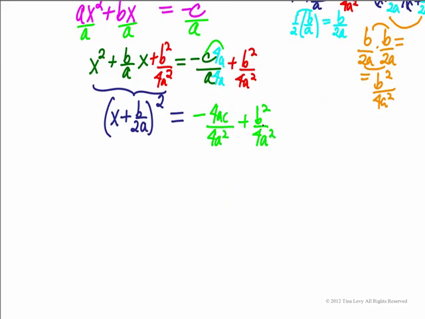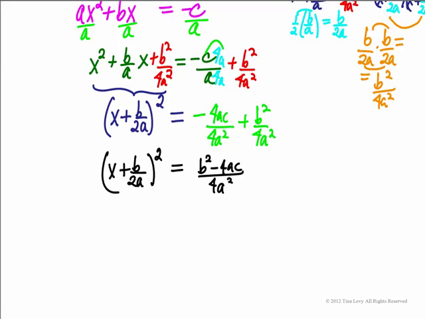Since these both have the same denominator, I'm going to write x plus b over 2a, that squared, is, I'm going to put the b squared first, so it's b squared minus 4ac all over 4a squared.